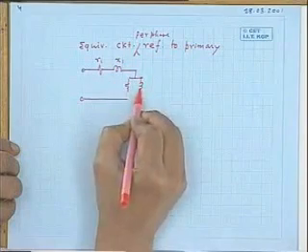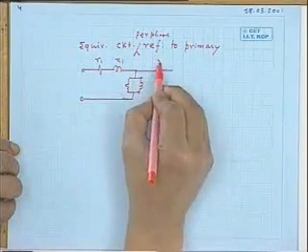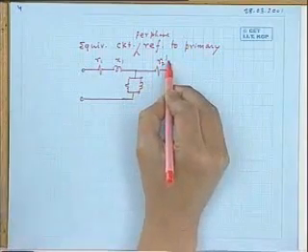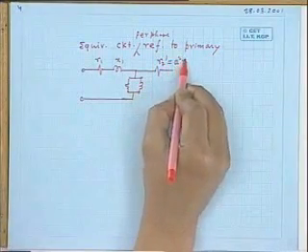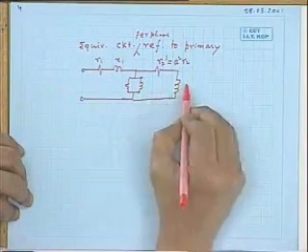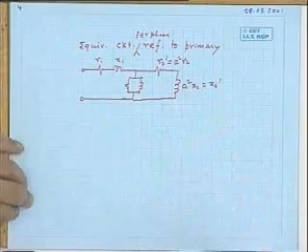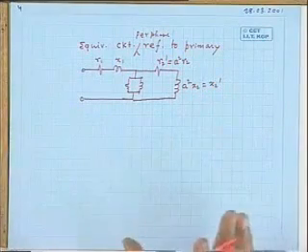R1, X1, there will be the parallel branches here. And here it will be R2 dash, where R2 dash equal to S square into R2. And here I will write S square into X2, that is X2 dash. And I can do that because it is just like a transformer. Frequencies are the same, both in rotor and stator.